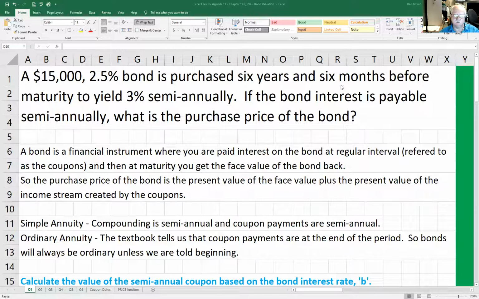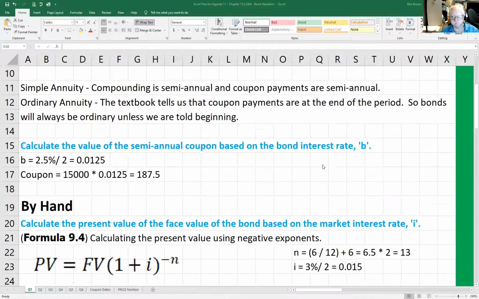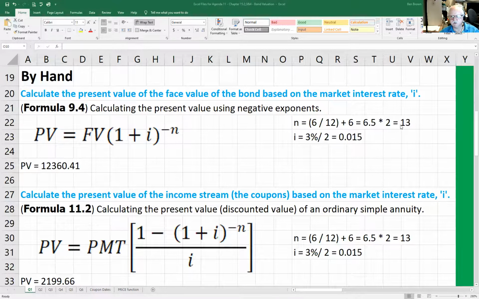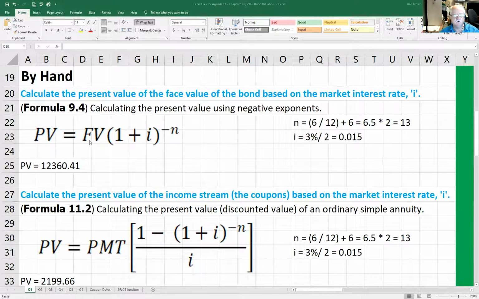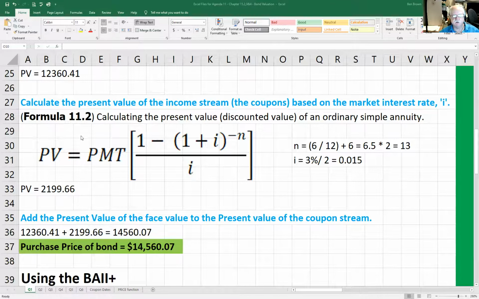So 6 years would be 12 coupons, and another 6 months would be 13 coupons. So that's where the n equals 13. And we're dealing with the market interest rate of 3%. So if we calculate the present value of that 1,500, we find that it's worth $12,360. So that's the present value of the bond. And now we want to find the present value of the coupons.